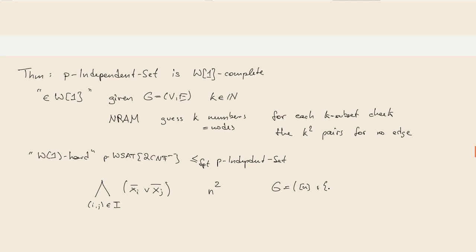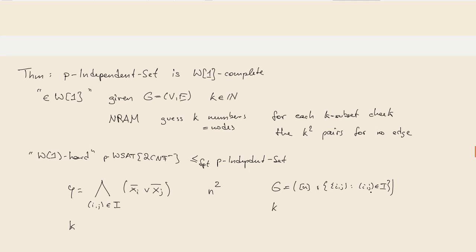Formally we want an undirected graph, with an edge ij whenever ij is in I. So you take this as a graph, and you use the same k. An input to this weighted SAT problem is also the formula and the k that you're asking for. Then you keep the k and take this as a graph.